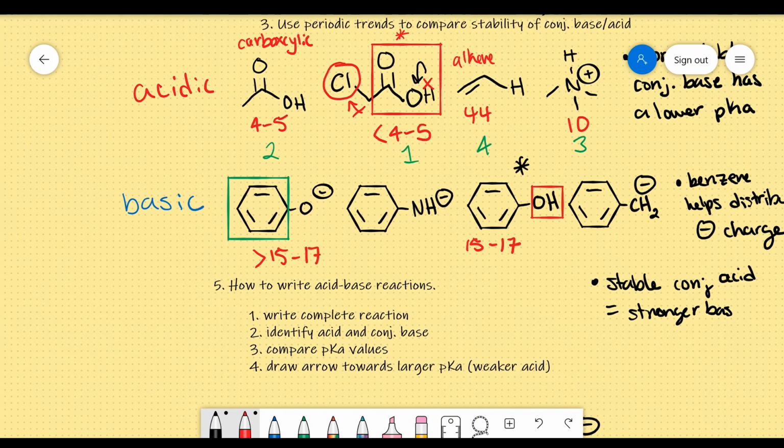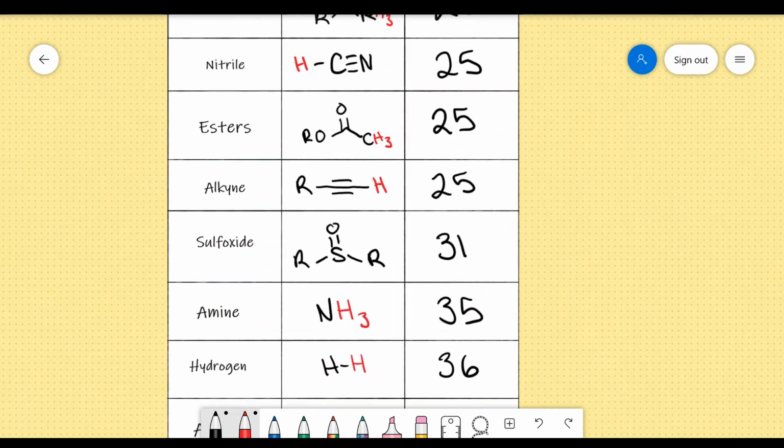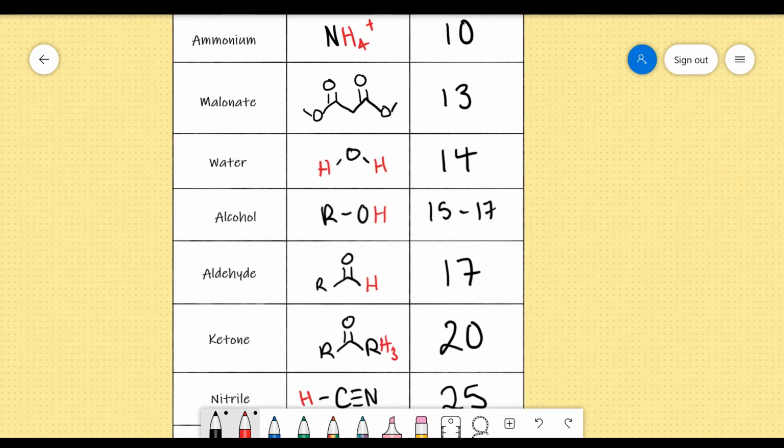All right, we're going to do the same thing here. You would get NH2. Okay, so we know what this guy's acidity is, or sorry, its pKa. Oh, I don't have this one written down. Let's go and look on our table, looking for NH2.